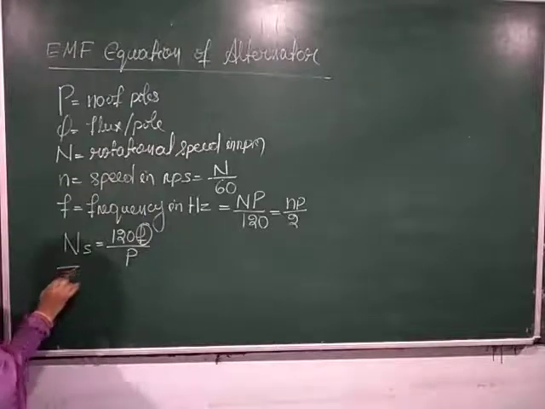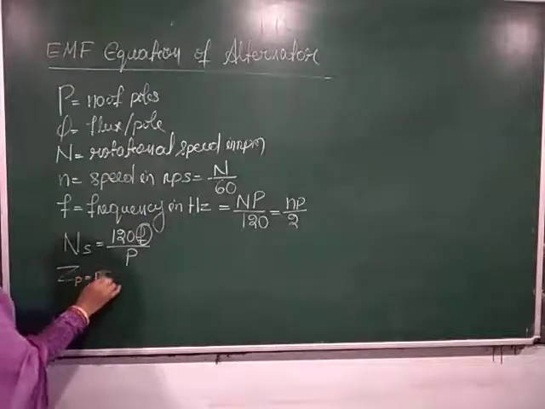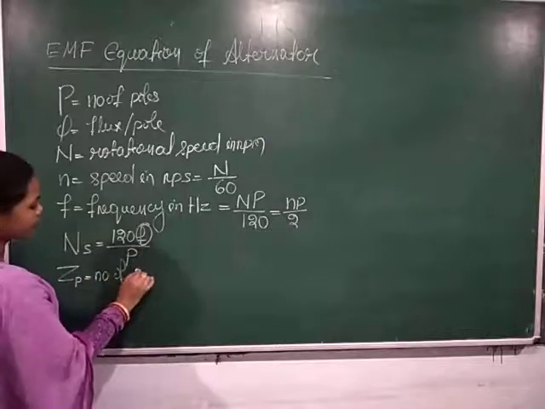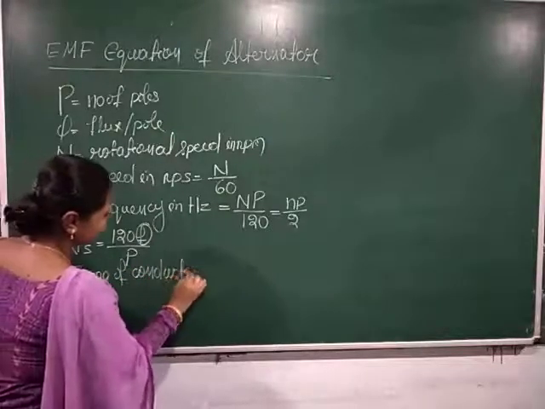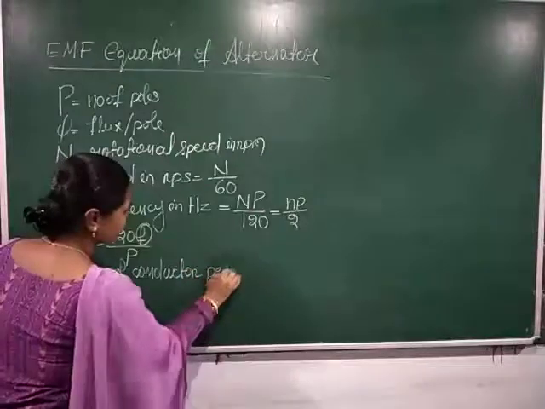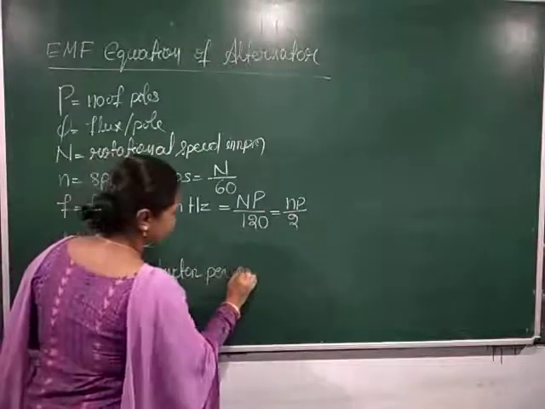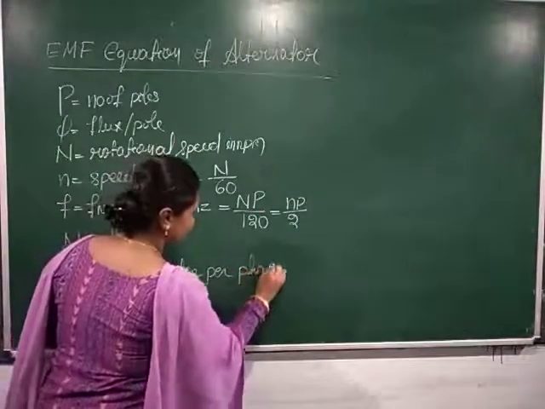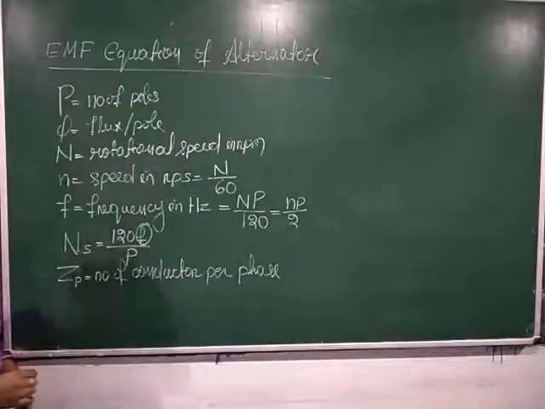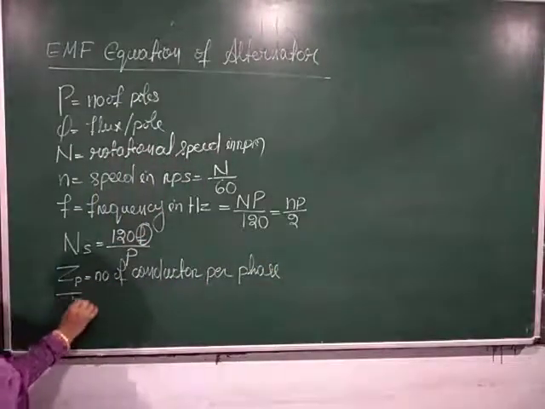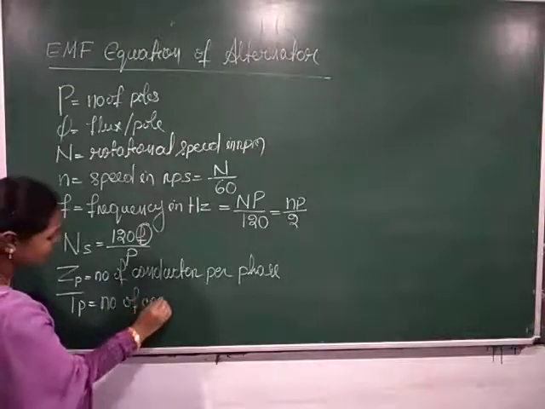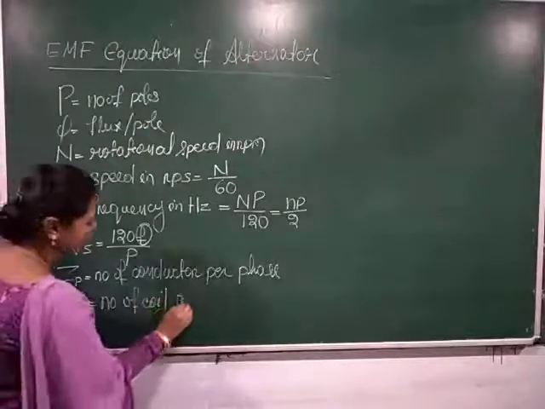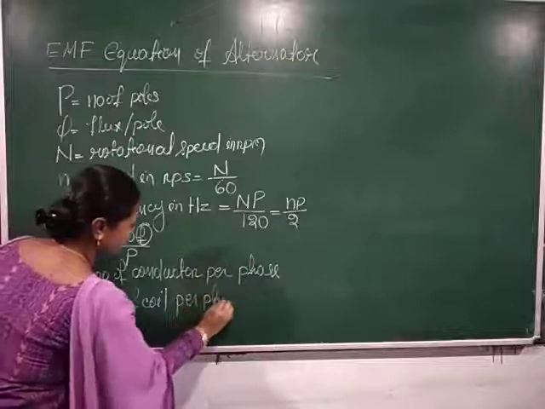Then let Zp be the number of armature conductors per phase, and Tp the number of coils per phase.